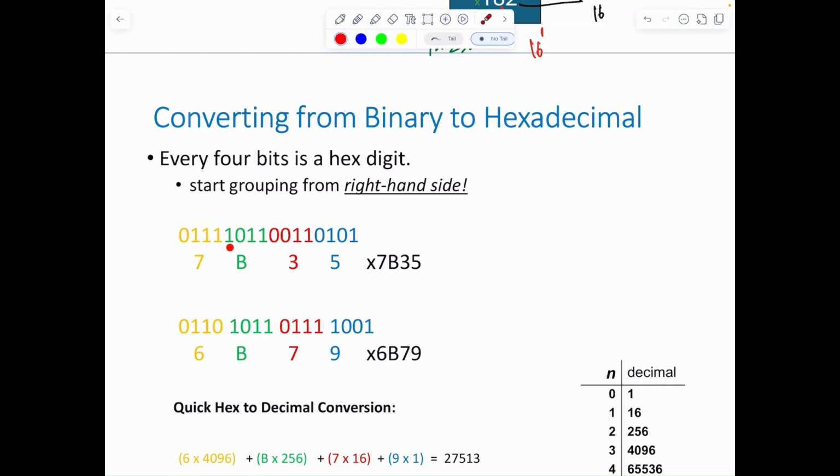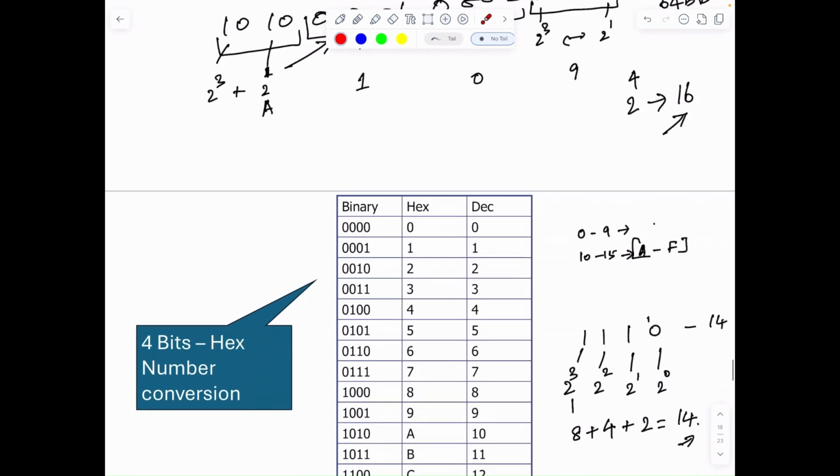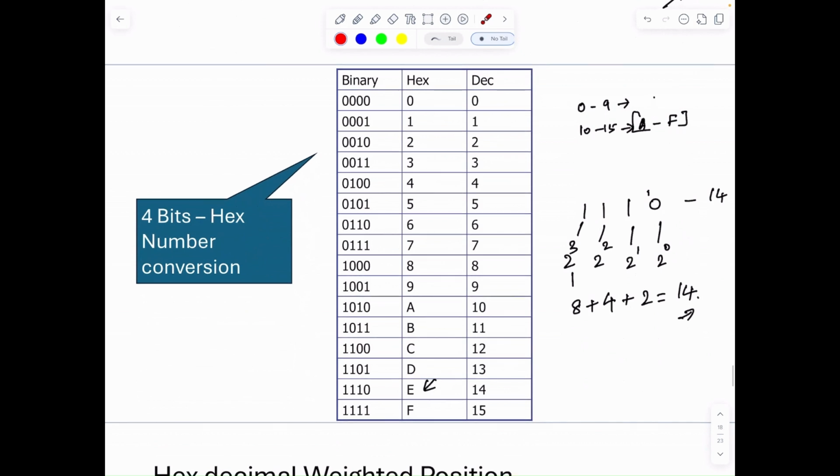So this representation is too difficult. That's why we group 4 bits and then we convert that into hex.